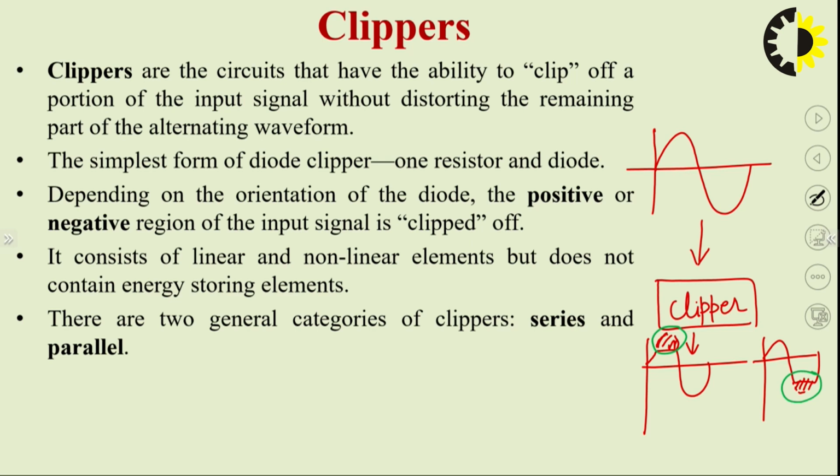Depending upon the orientation of the diode and the orientation of the battery, we are able to remove a portion of either the positive half cycle or the negative half cycle.